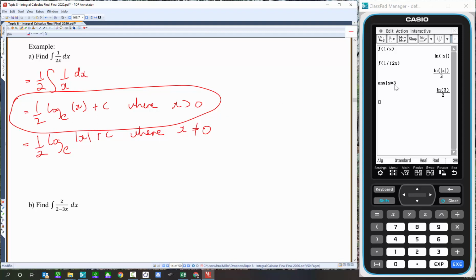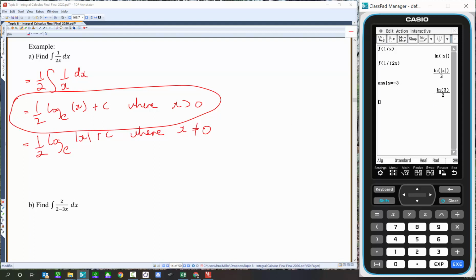But what if I put -3 into the one that the calculator gives me? See if you can think of what might happen at this point. And if you get this right, you are slaying this course. What I'm going to find is that we get exactly the same answer.